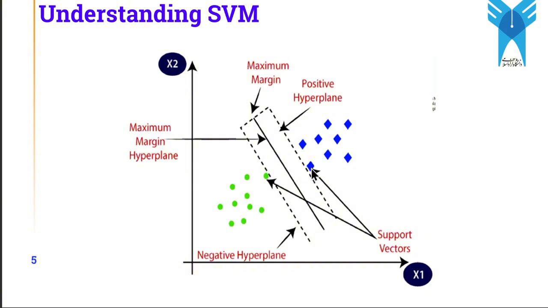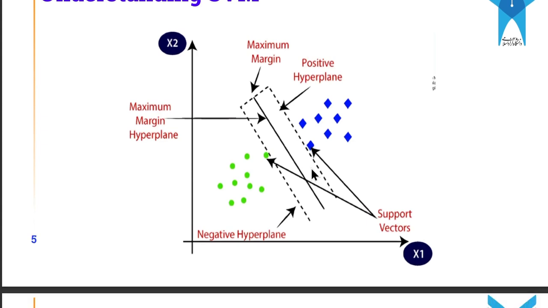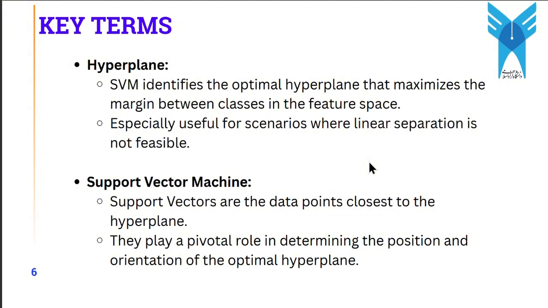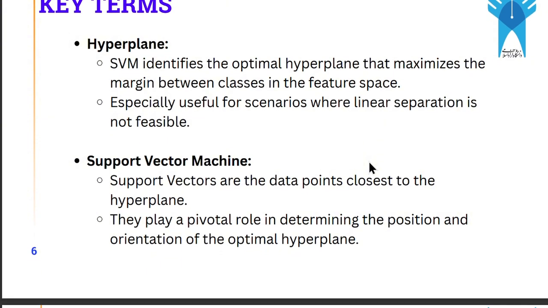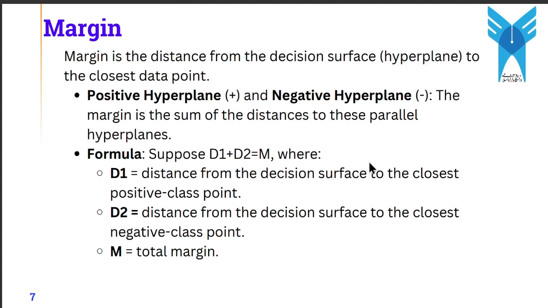These are the special data points sitting right on the edges of our lines, acting like the border buddies. We also have the margin, the space between the top and bottom lines. SVM tries to make this gap as big as possible so it can sort things out more confidently. So I completely covered hyperplane and support vectors.